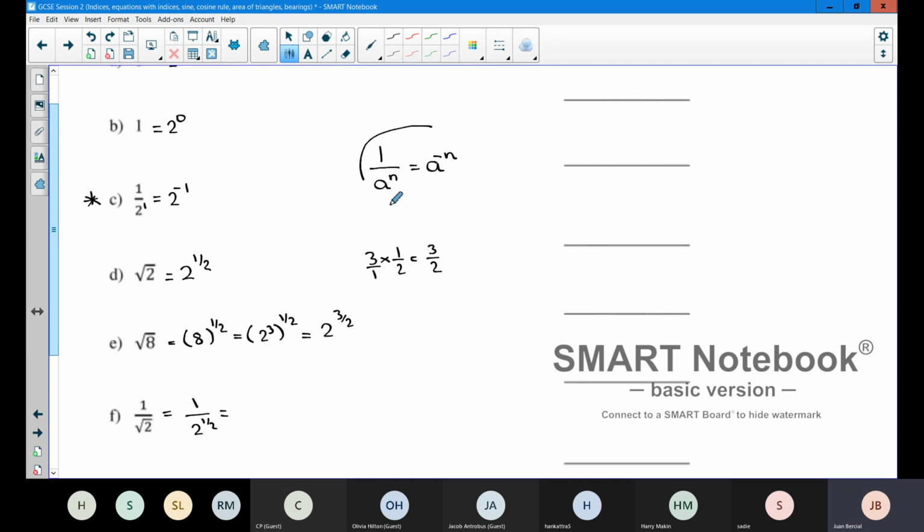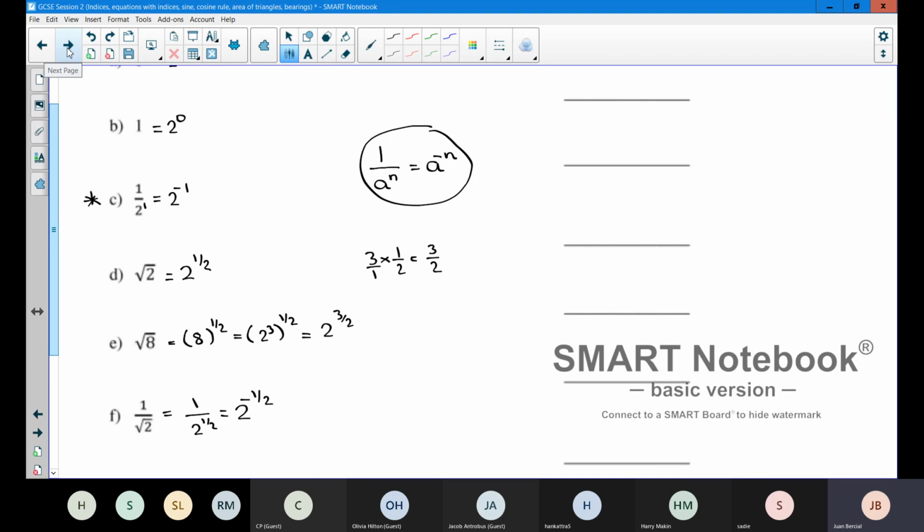And remember, because it's underneath, it is a negative power. So we write it 2 to the power of minus a half. Okay, so I'm going to be using these a lot in the next question.